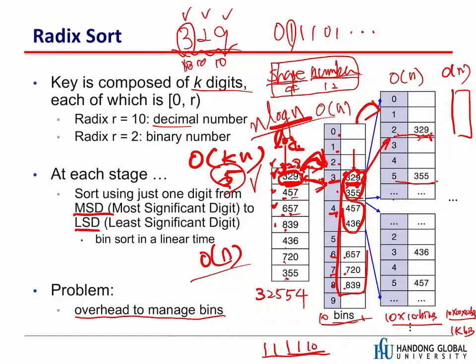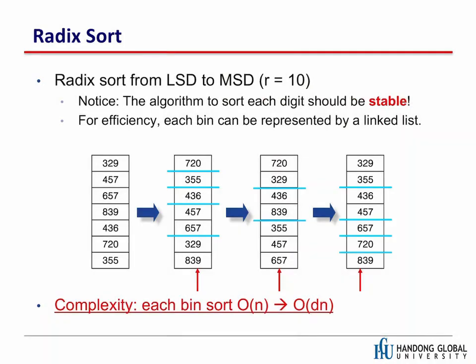Okay, so there is another, more efficient approach than this. We can apply a radix sort from LSD to MSD. Okay, it means we sort the keys based on the least significant digit, the last digit.